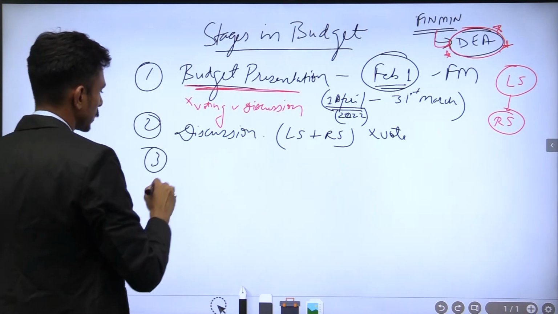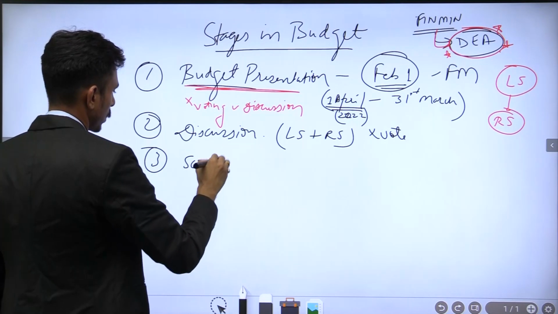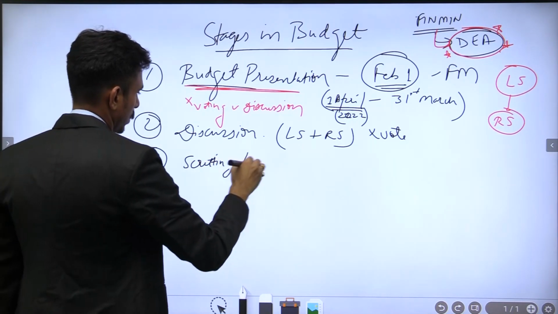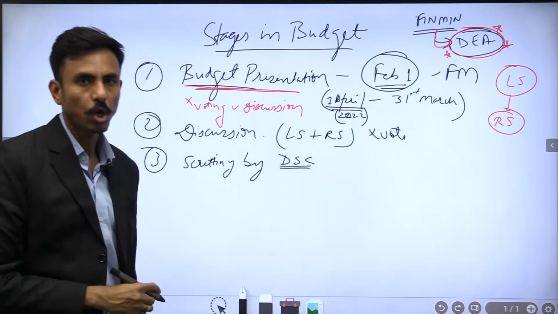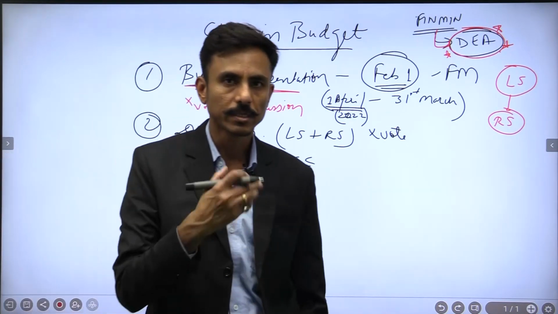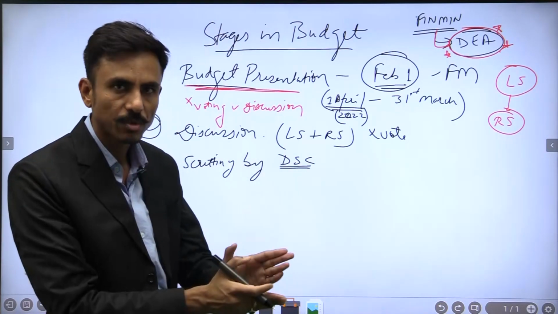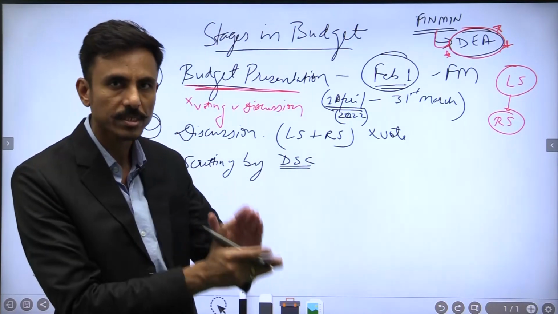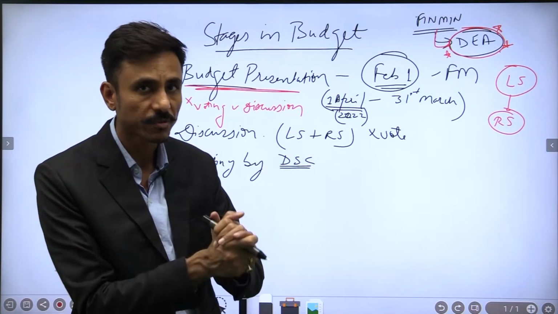The third stage is scrutiny by departmental standing committees. Guys, you all know that the budget is actually the requirement of various ministries of the government, right? It may be the health ministry, education ministry, women and child development ministry, right? And every ministry would be coming up with their demands.